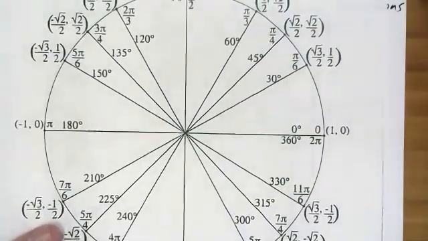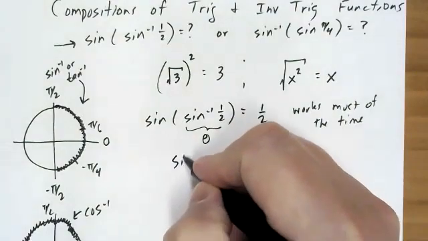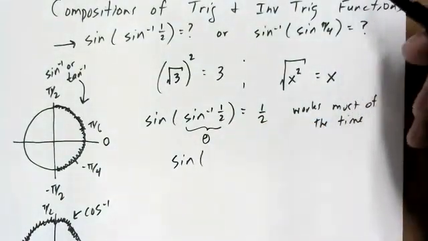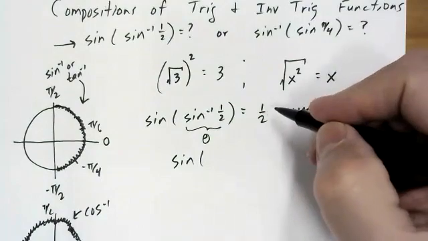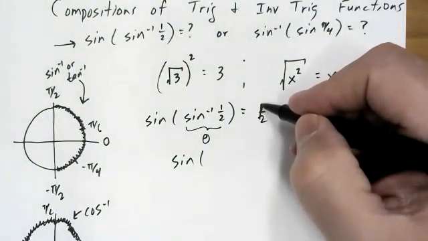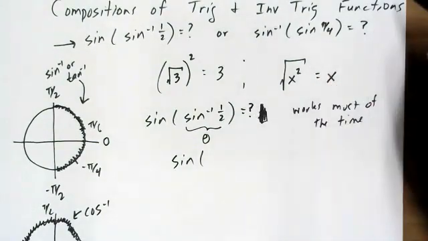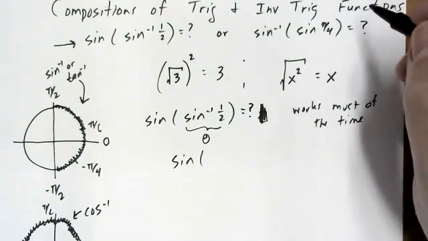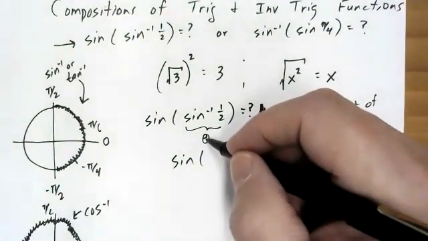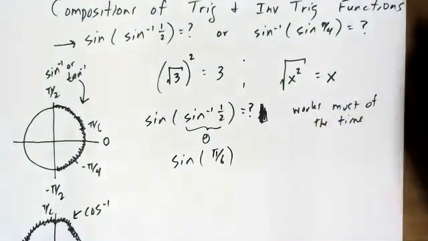That's why I use the sine. So basically, let's just do this for now since I'm solving this problem. We hope it's 1/2, but let's see what it actually is. So the angle is pi over 6.